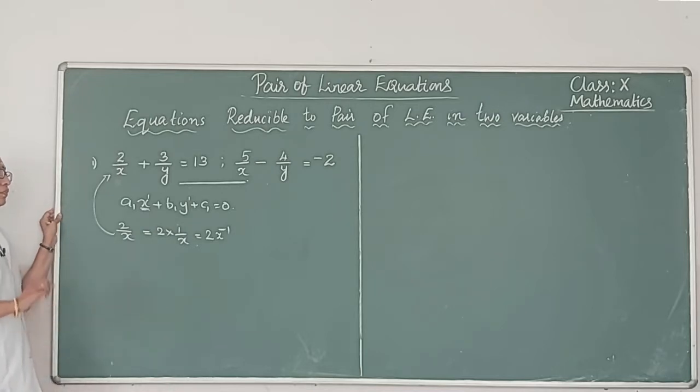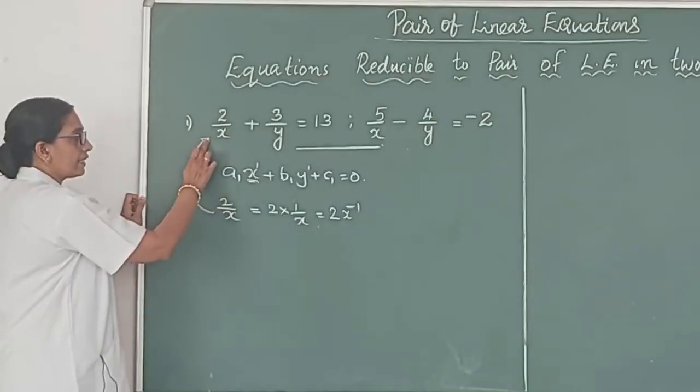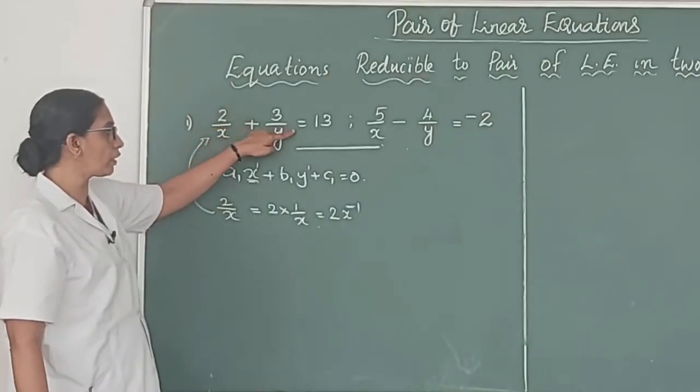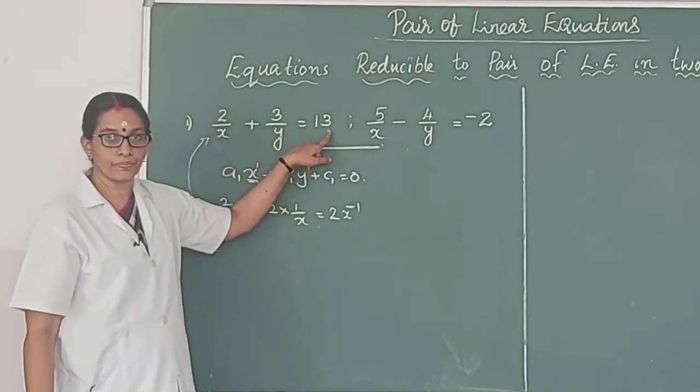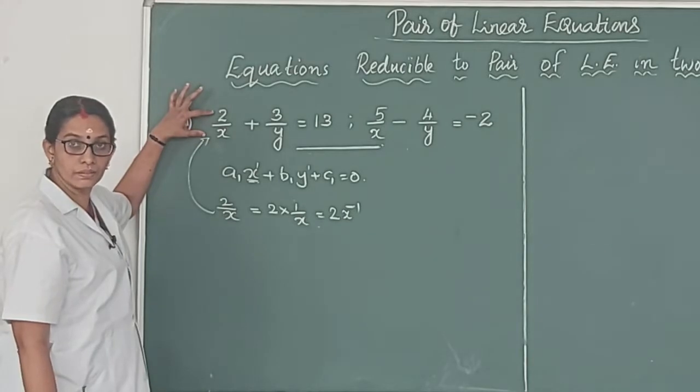Here we are giving some substitutions for these variables and then we will get a pair of linear equations. See children, here 2 by x plus 3 by y equal to 13. In the first equation, what is the variable part?